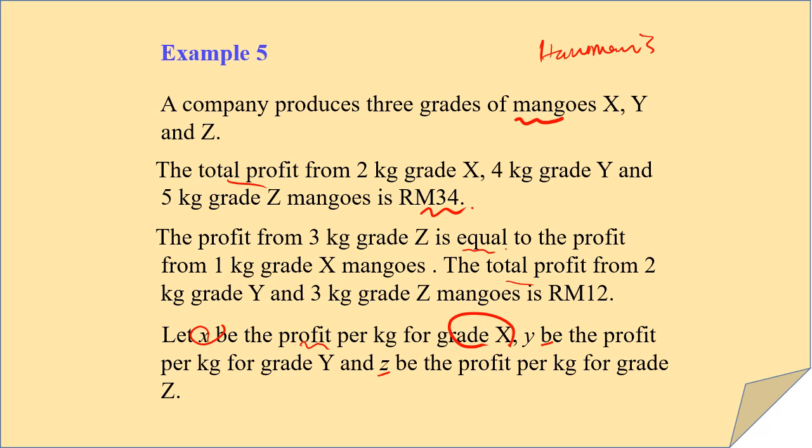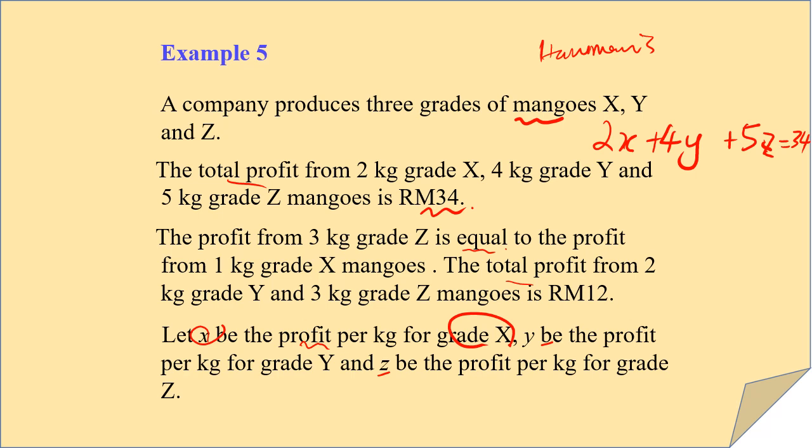Okay, so the total profit for the first sentence, 2 kg of X. So 2 kg multiplied by X ringgit per kilogram for grade X, and then 4 kg multiplied by Y ringgit for grade Y profit, and 5 kg of grade Z multiplied with the price for grade Z per kilogram, the total profit is equal to 34.